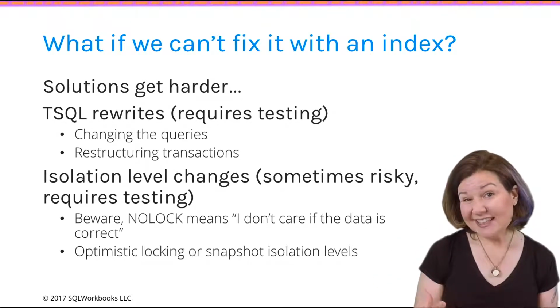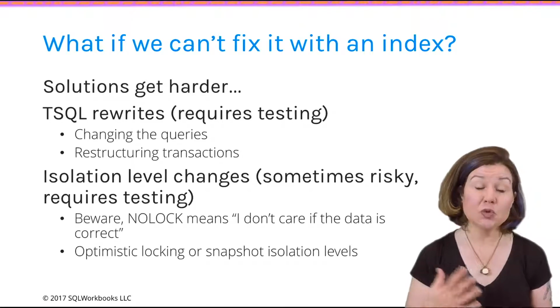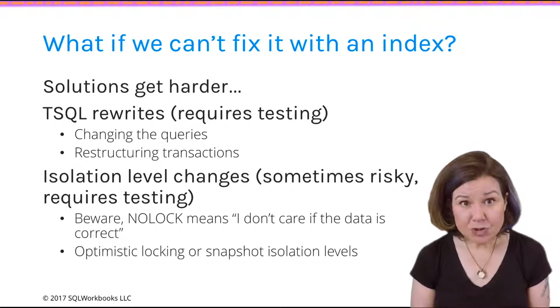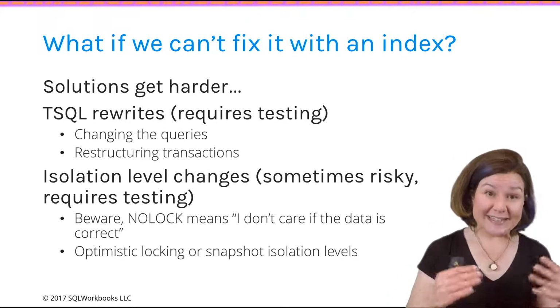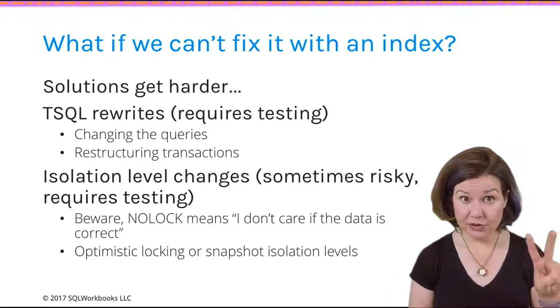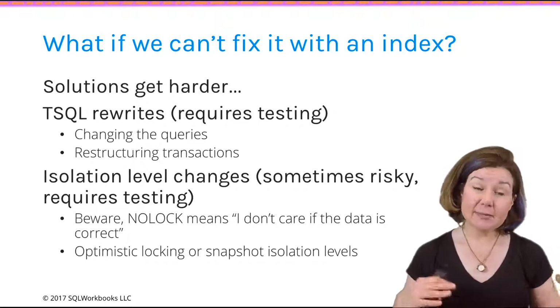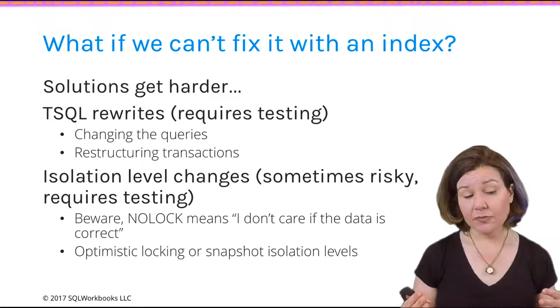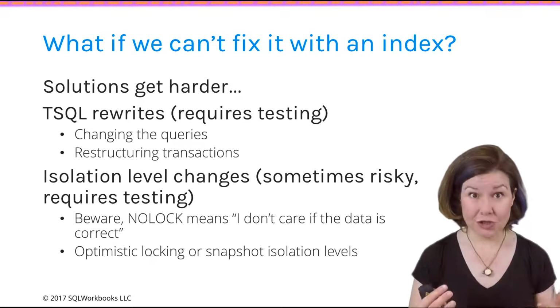By changing the isolation level, I really mean here using optimistic locking in SQL Server: snapshot isolation level or read committed snapshot isolation level. There are two different isolation levels. They can be enabled separately or together, but there are ways to have your database use versioning.